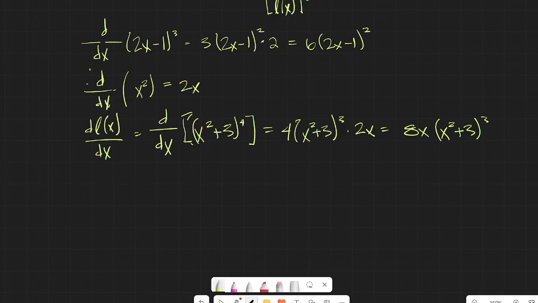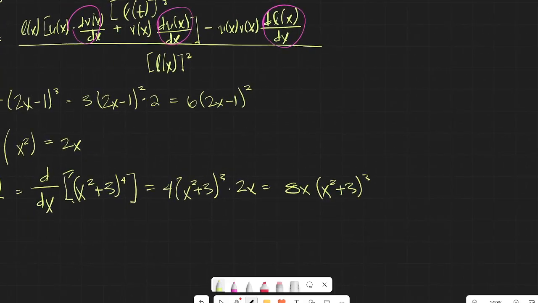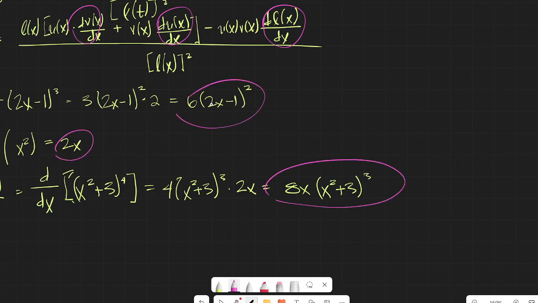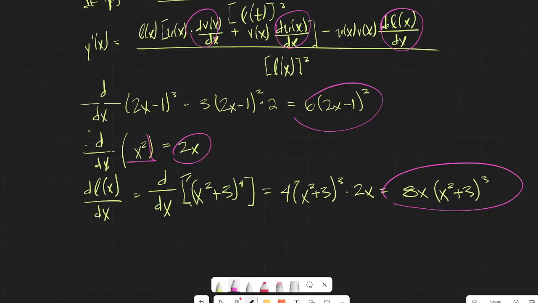So now that we have these values here, let me do it in a different color. So we have the derivatives of these functions. And that's everything we need to just plug in.